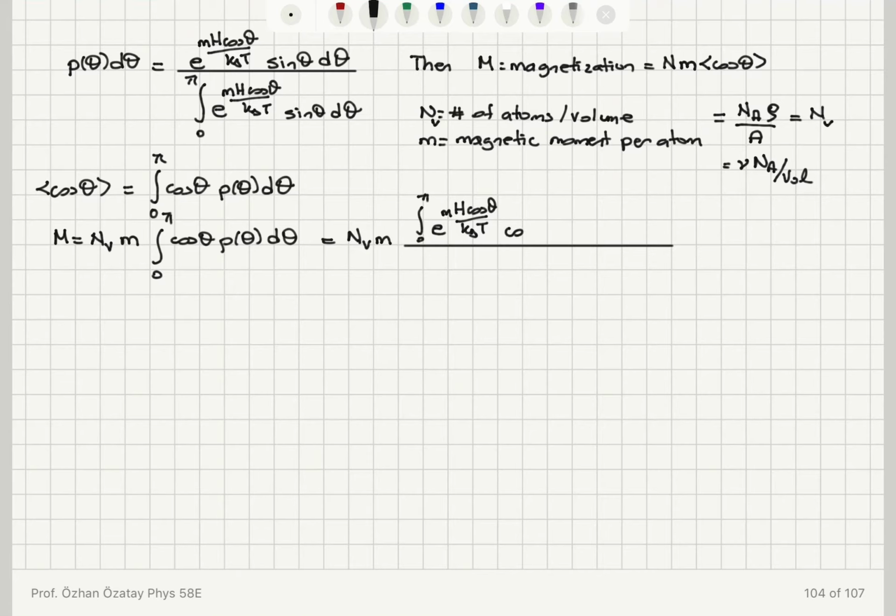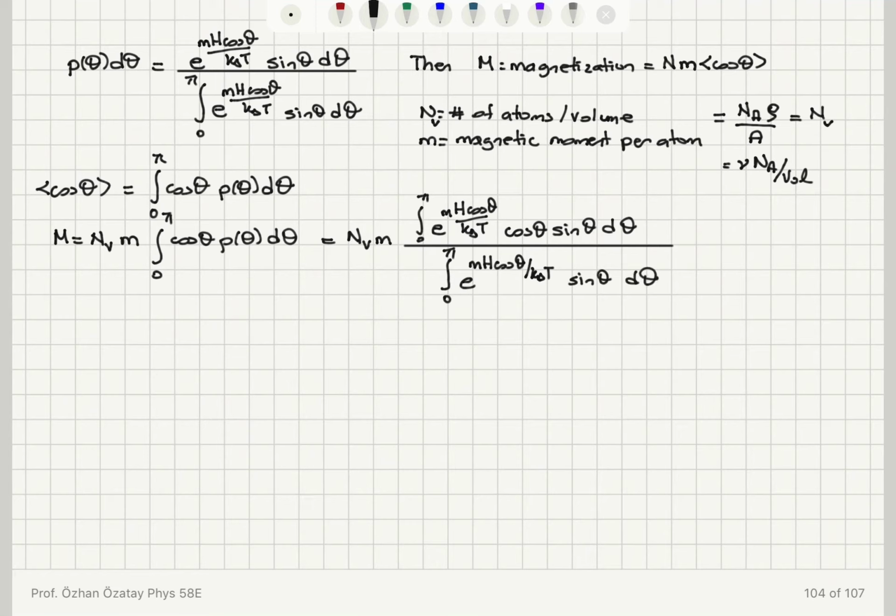Now I have a cosine theta here, cosine theta sine theta d theta, divided by the partition function, integral 0 to pi e to the mh cosine theta over kBT sine theta d theta.